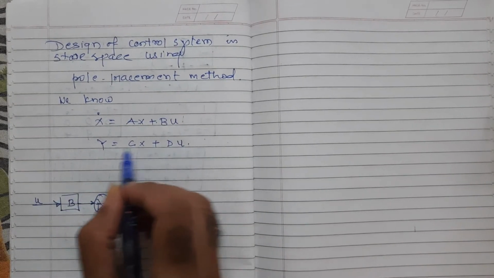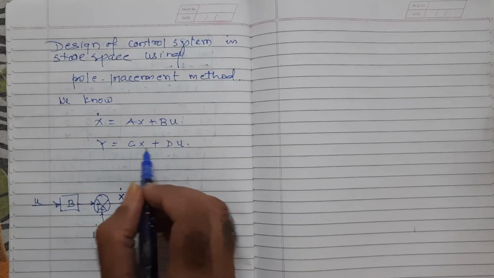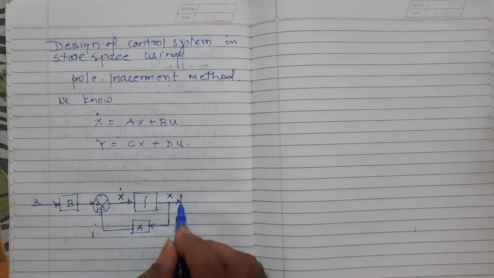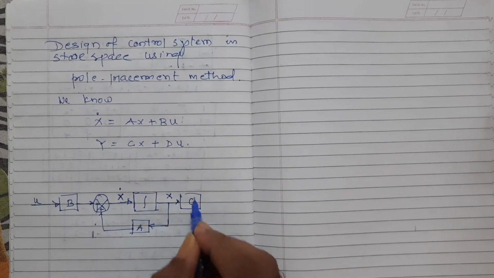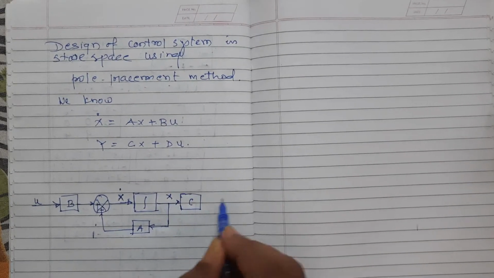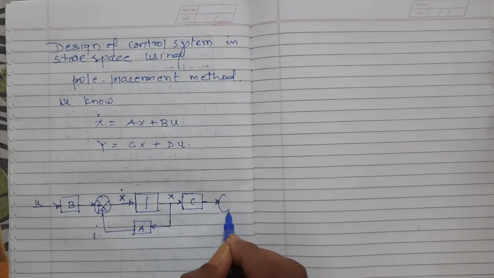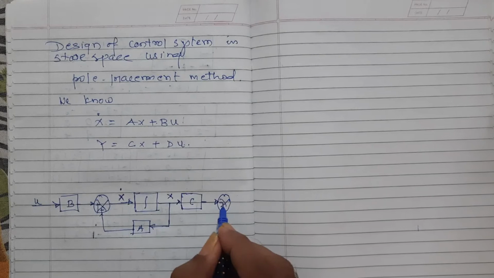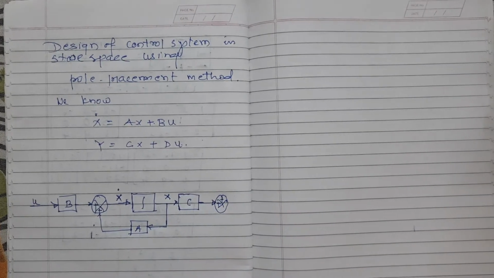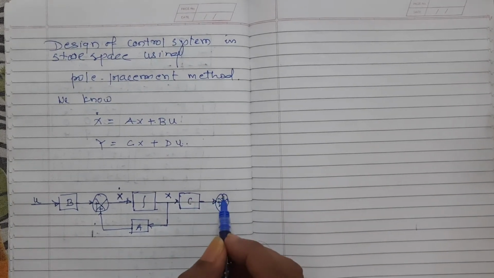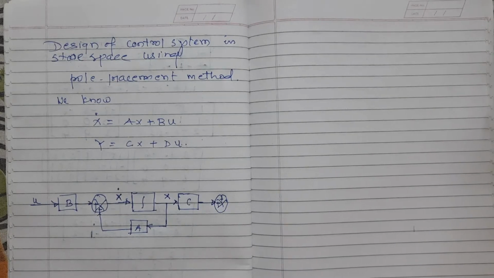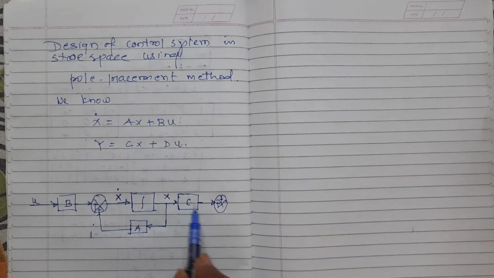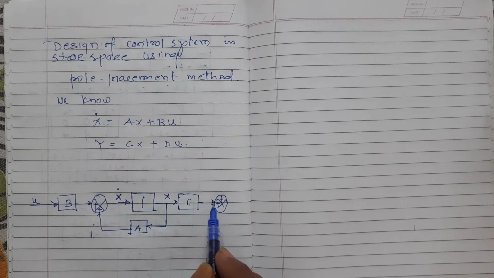Now the equation is y equals cx plus du. Now x is here, we multiply by c, so we put the block c here. Again it is cx plus du, so we have a summing point and both are positive, so we put plus signs.